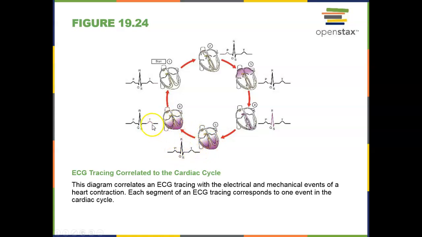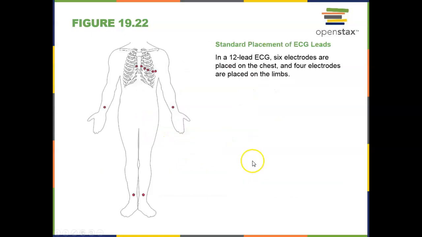And so here we hit ventricular repolarization, and that's that T wave. I'm going to stop here because it's been almost 14 minutes, and we'll get into how to run an EKG, okay?